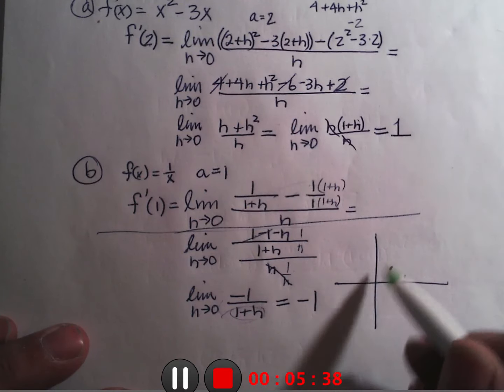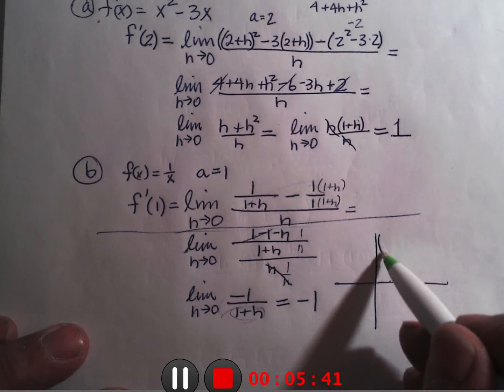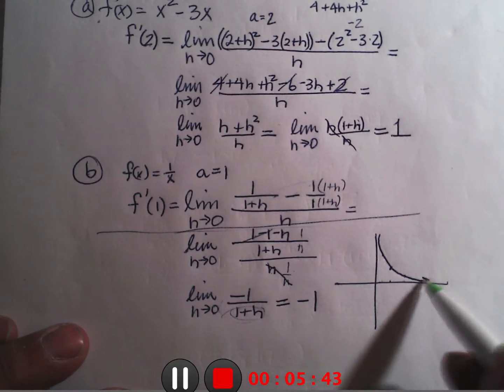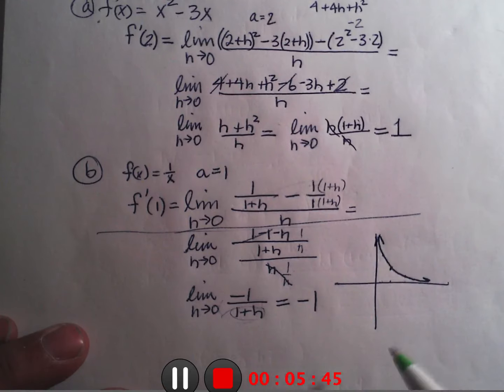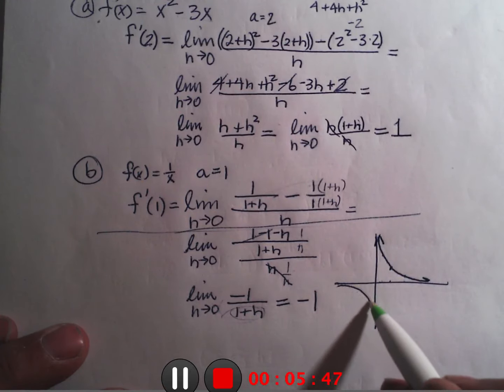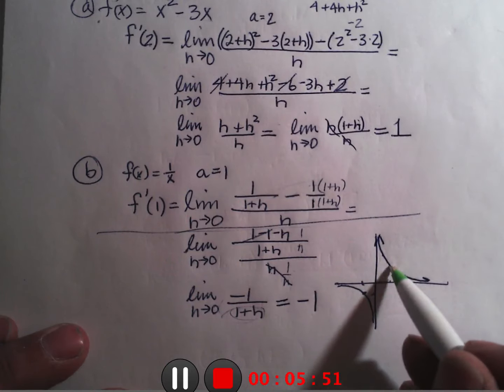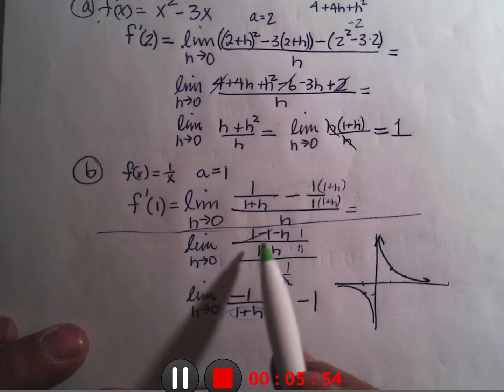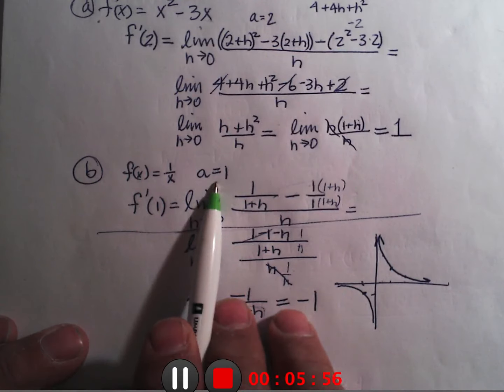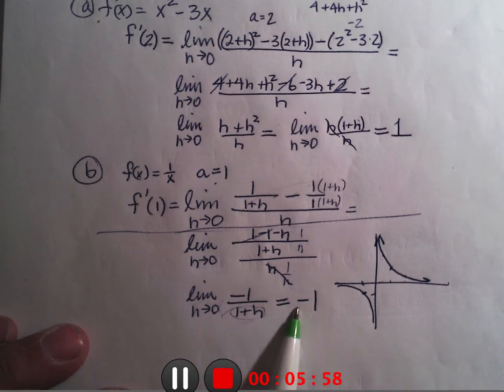It's this hyperbola that you should remember from pre-calc. And this is minus 1, and 1, 1, and it's saying at 1, the slope of a tangent line is minus 1, and that looks about right.